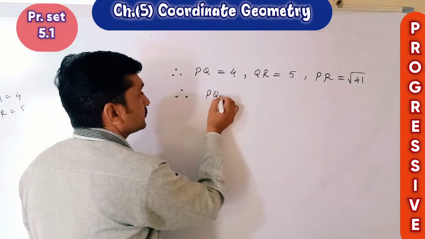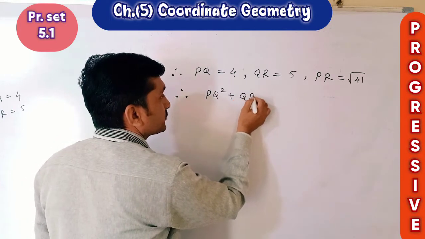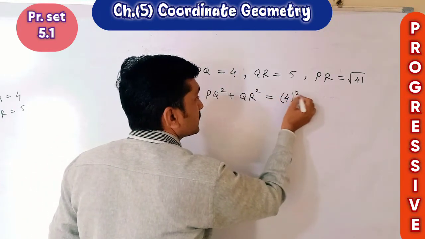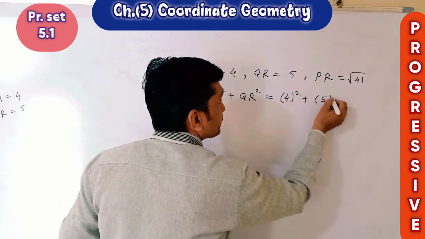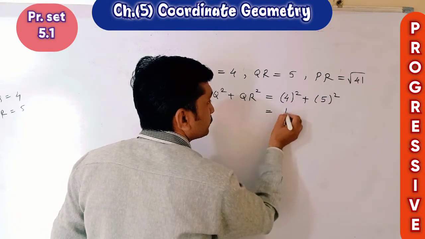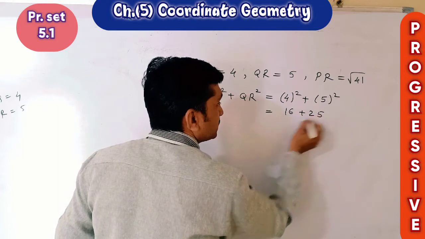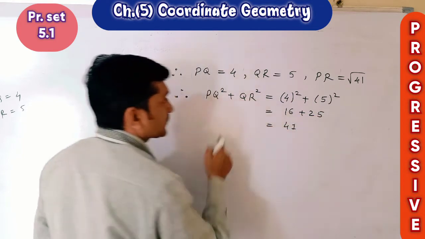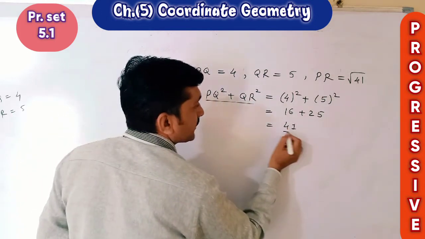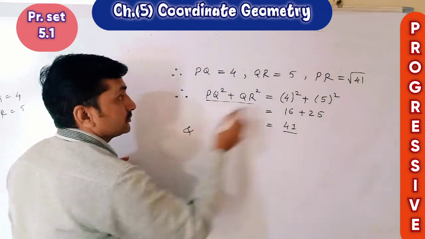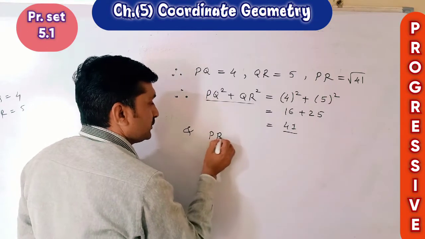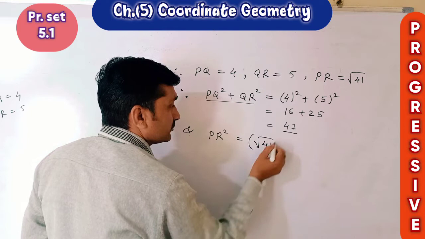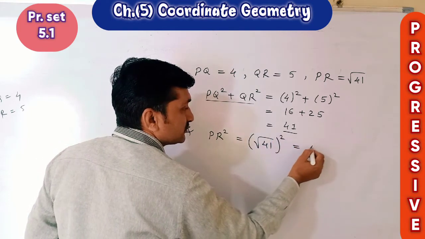PQ square plus QR square is equal to PQ 4 square plus QR 5 square, is equal to 16 plus 25, addition is 41. And PR square is equal to, PR is root 41 bracket square, means 41 itself.